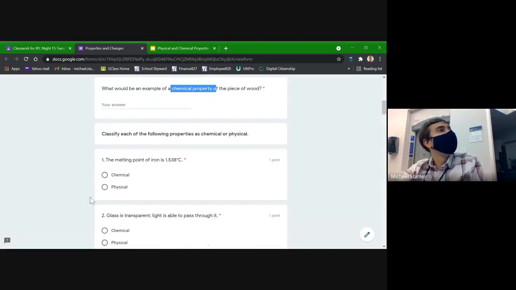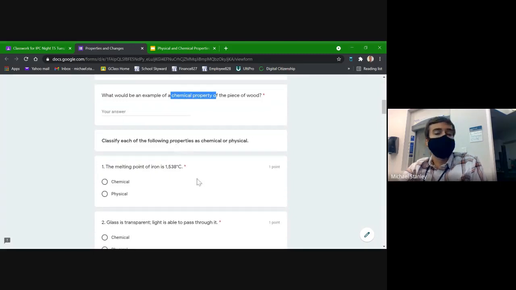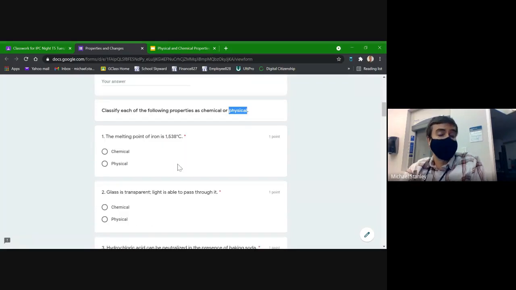Second part is, I think it's like 10 questions where I give you a whole bunch of different properties of materials. And I want you to tell me, is this a chemical property or is it a physical property? So you literally just have to go through and click on chemical versus physical property for each one.